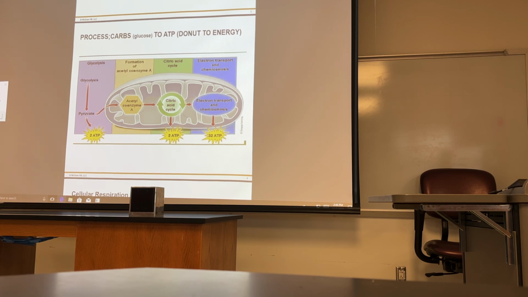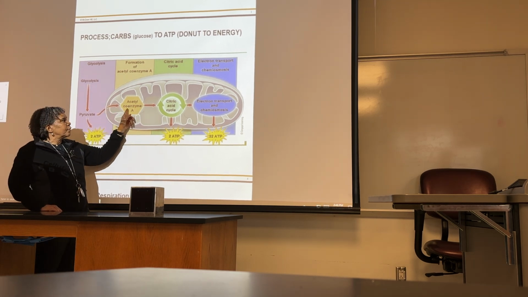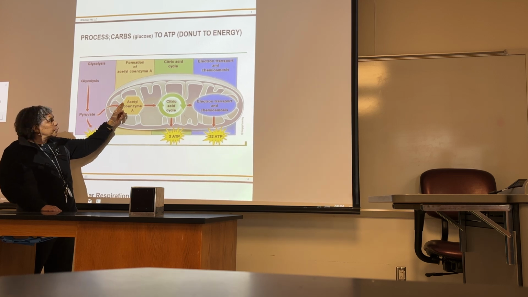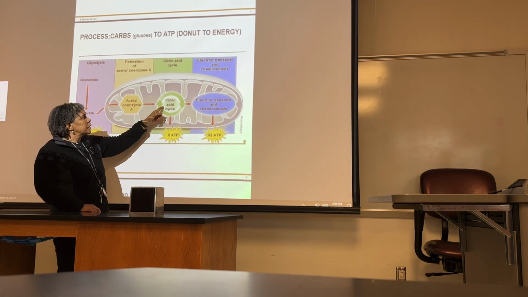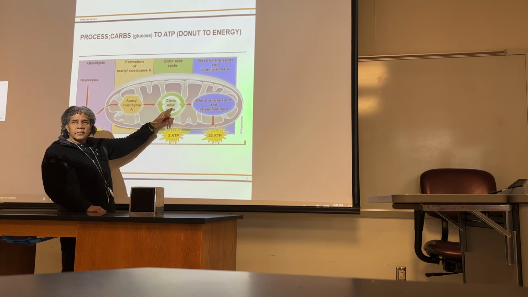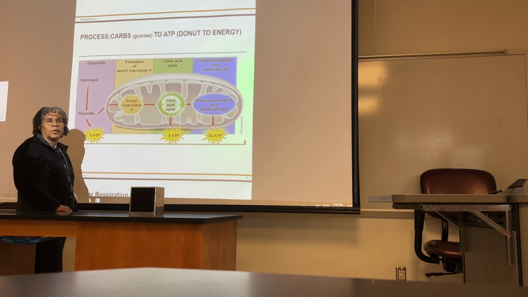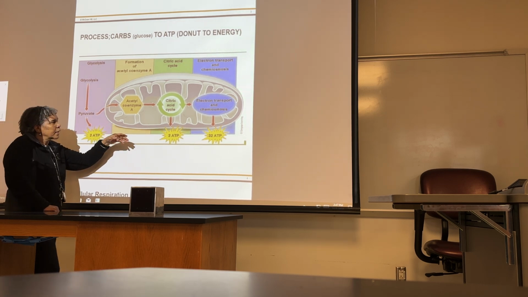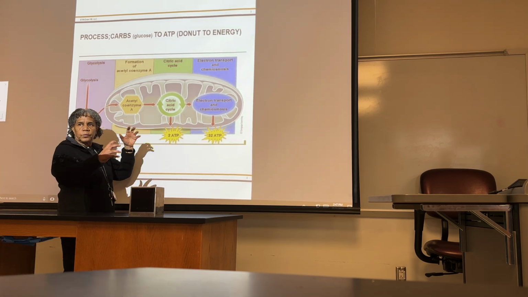So I'm digesting away. You don't have to know that necessarily. I want you to know that the 2-carbon acetyl group is then going to enter into the citric acid cycle. And when it goes into the citric acid cycle, it's going to bind to oxaloacetate. Okay, it's a 2-carbon molecule that binds, and we'll talk about that. But let me go through this real quick and then we'll go through the individuals.